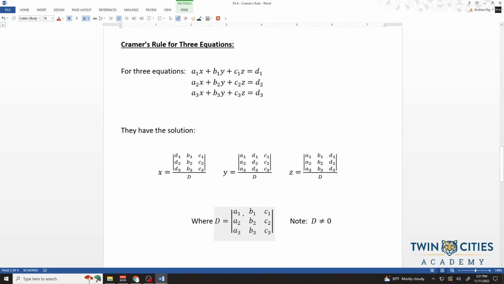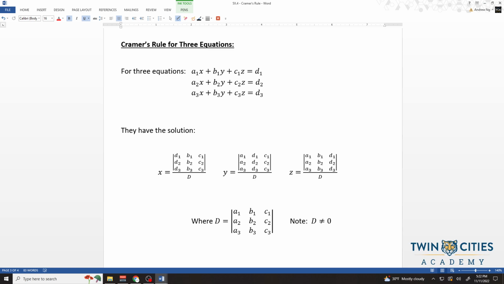You find out what that is first, and then to find x, you're going to take that same matrix here, and since we're finding x, we only replace the a's. We replace the coefficient on x with the d's. So d1, d2, and d3 will go in this column. For y's, I take this same matrix, and I just replace the coefficient on y's. For z's, I take this same matrix, and I just replace the coefficient on z. So the c's will get replaced with d.